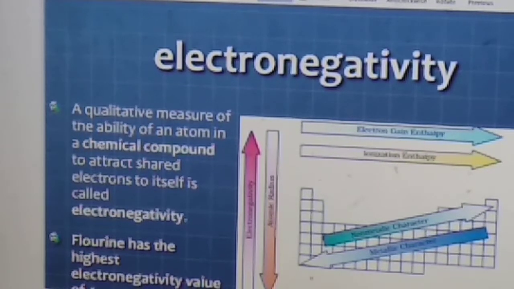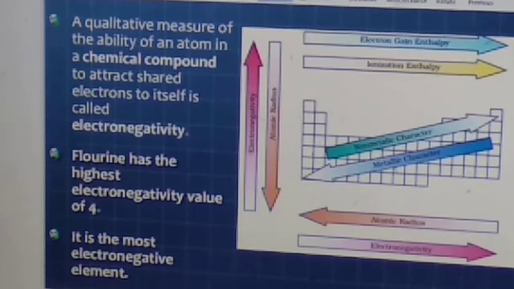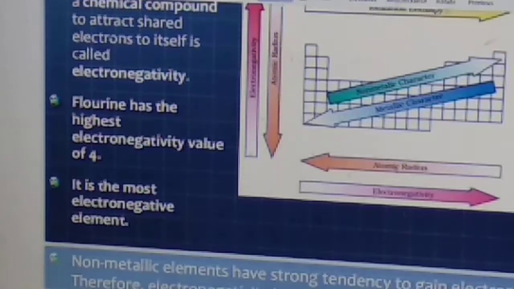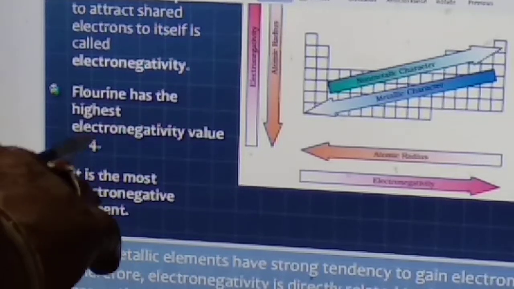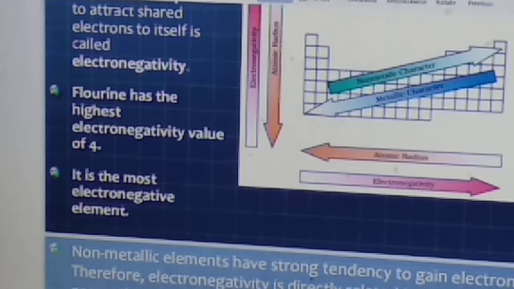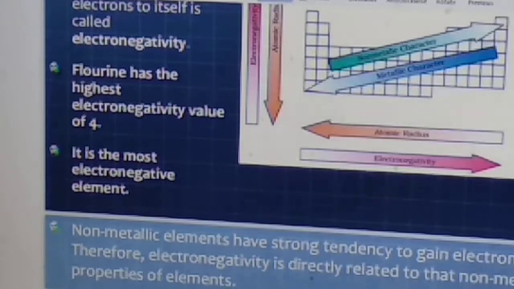My dear children, fluorine has the highest electronegativity value, 4. It is the most electronegative element. So which is the most electronegative element? Fluorine. On the Pauling scale, its value is 4.